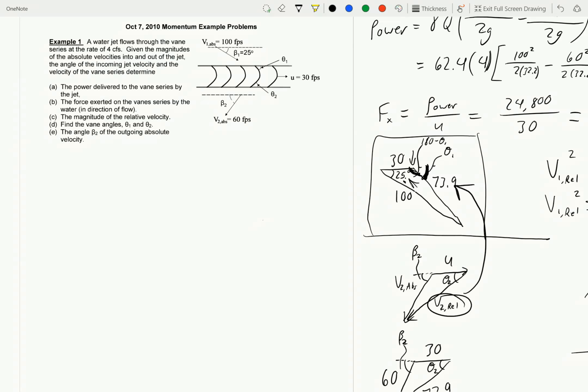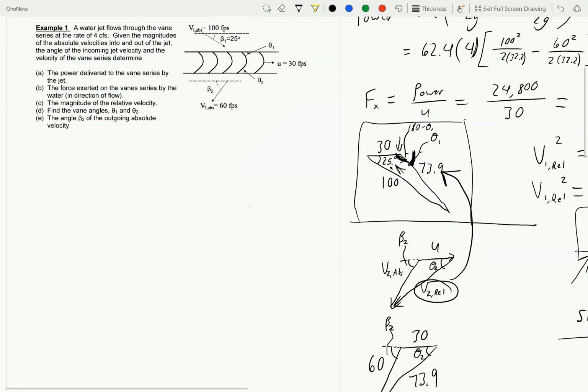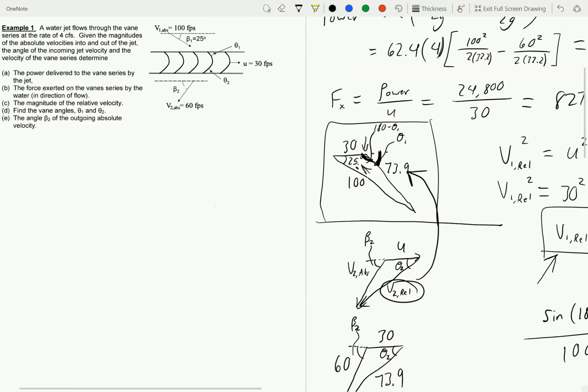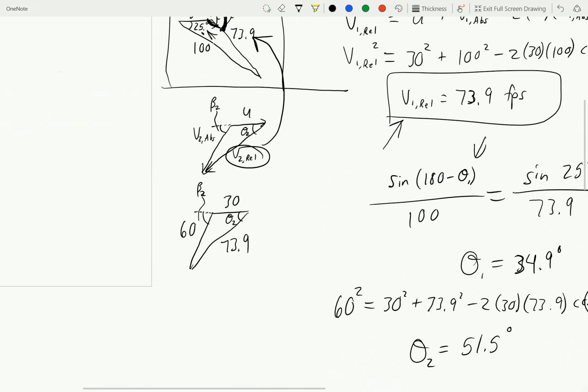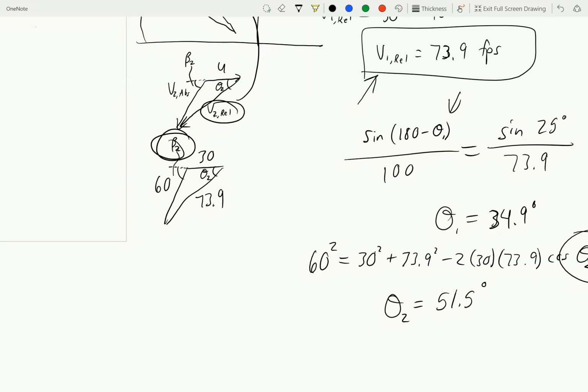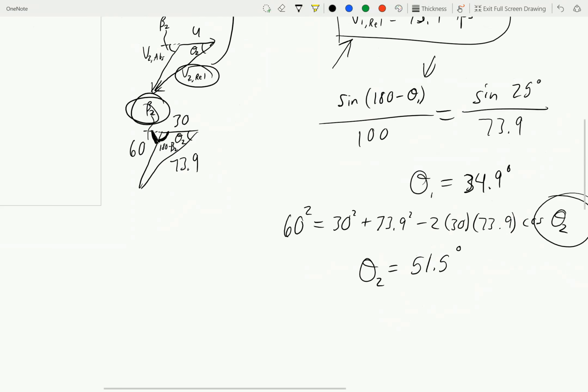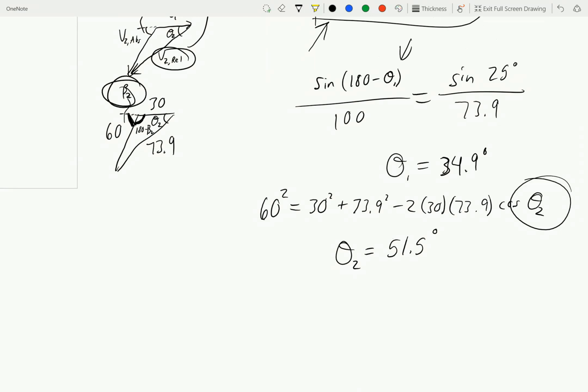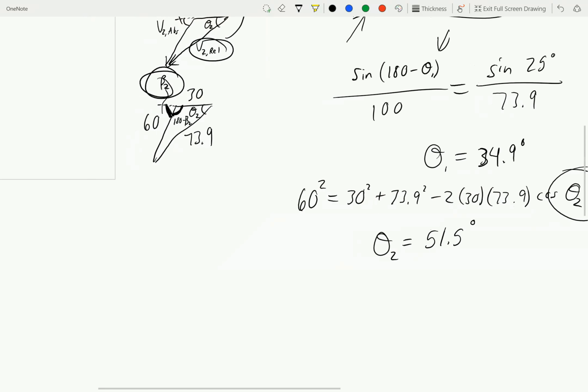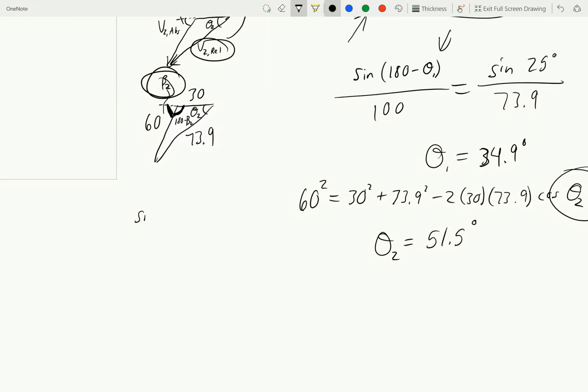And finally, we are asked to find the angle of the outgoing jet, which is beta 2, which is here. We can do the same thing and say that since the angle here is beta 2, this angle here is 180 minus beta 2. And again, we can use either the law of sines or the law of cosines. We'll use the law of sines here, just to do the same as the last part.